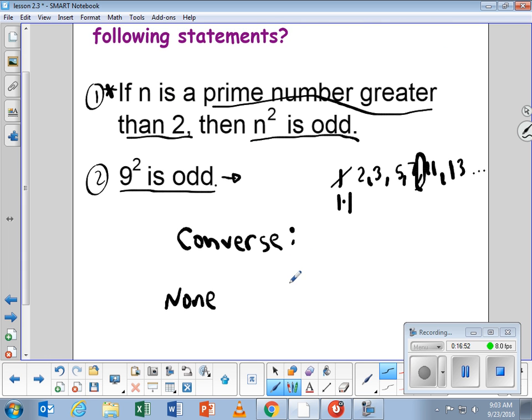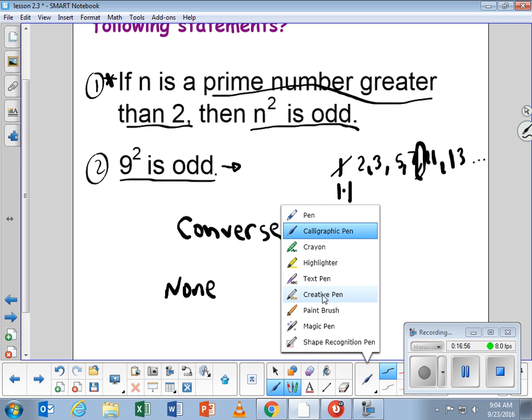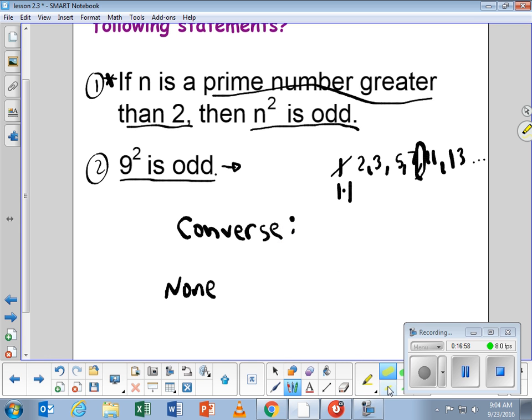The only way we could make this conclusion is if we were given the p part of this conditional. This is the p. N is a prime number greater than 2. Q is n squared is odd, and 9 squared is odd is q.